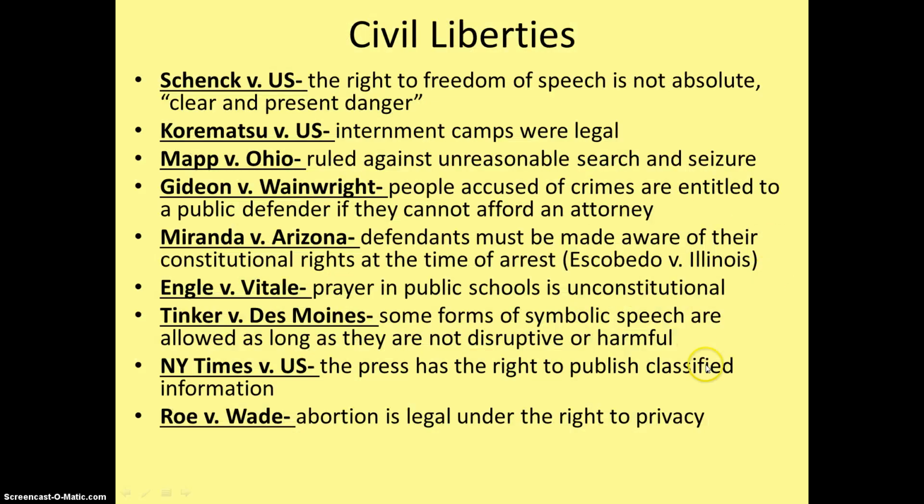All right, since we're on our last segment, we've got a bunch to talk about. We are going to talk about Supreme Court cases dealing with civil liberties. Now, here's the deal, folks. There's a difference between civil rights and civil liberties. Civil rights, usually what we're talking about is something dealing with a specific group of people, like African Americans or women or Latinos.